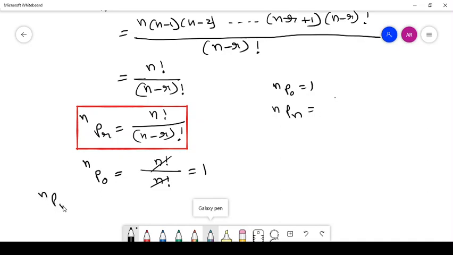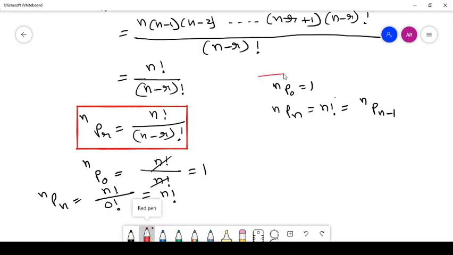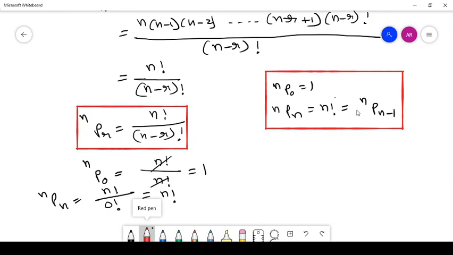Here nPn is n factorial by n minus n, that is 0 factorial. 0 factorial is 1, so this value becomes n factorial. So nPn is equal to n factorial. This is also equal to nP(n minus 1), which is also n factorial.